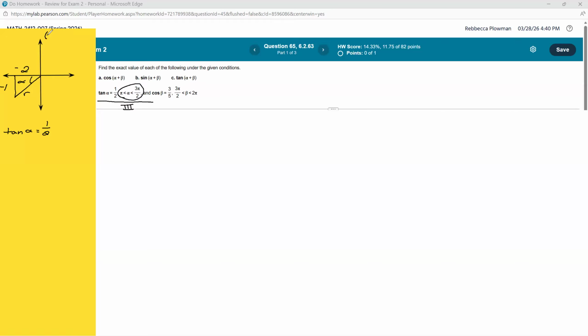So R is just going to be the -1 squared plus the -2 squared equals R squared. So that is 1 plus 4 equals R squared, which is going to be 5 equals R squared. So remember R is always positive, so this is just going to be square root of 5.